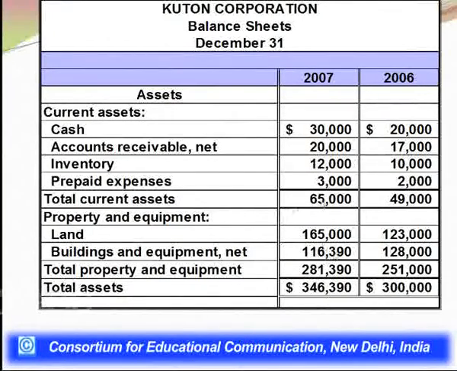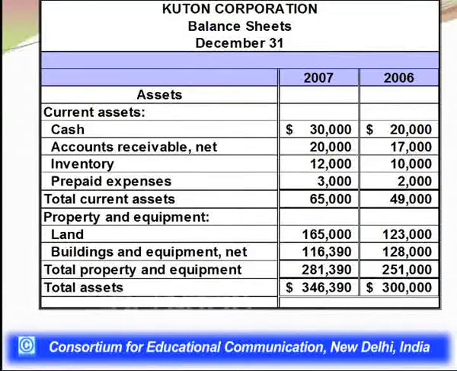Now out of this 65,000, we should be subtracting this inventory of 12,000 and the prepaid expenses of 3,000. So 65,000 minus 15,000, the remainder would be 50,000, and that would be your quick assets.